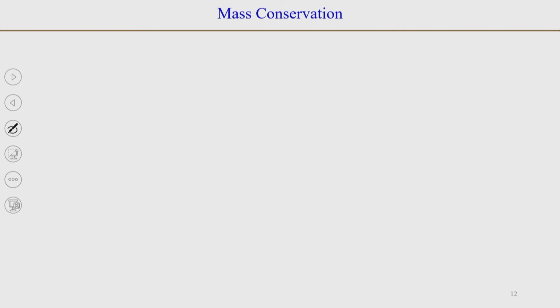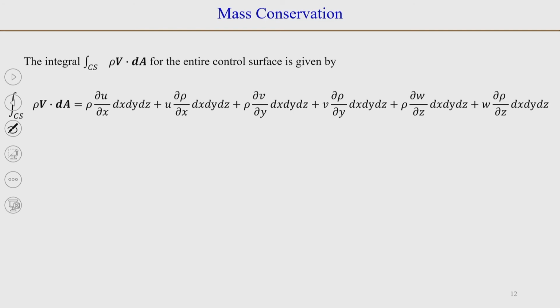Okay. So, let us see if we can further simplify this. This is the summation or the integral over ρ v dot dA.